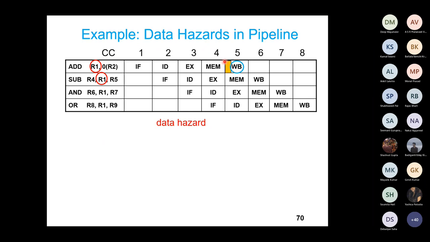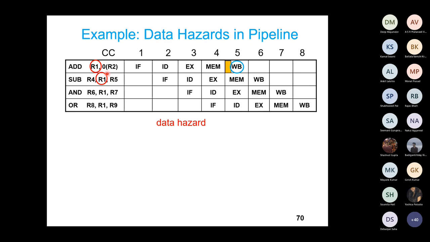We also note that we have a register read-write strategy. That means the writing is done in the first half cycle and the reading is done in the second half cycle. That way we can resolve some of the hazards. So if nothing is done in the traditional pipeline, this will be updated in the 5th clock cycle.